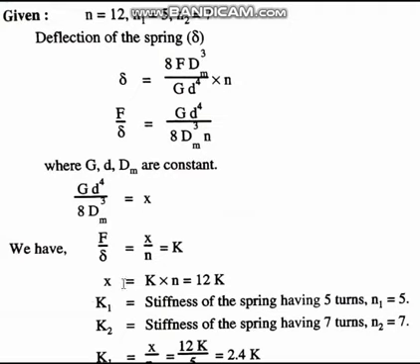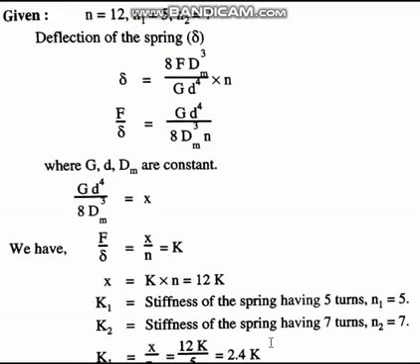So from this, what is x? x is K into N. K we have for the uncut spring, N is 12. So x becomes 12K. So let K1 be the stiffness of the cut spring with 5 turns, K2 will be the stiffness of the cut spring with 7 turns. Okay. So we have N1 is 5, N2 is 7.